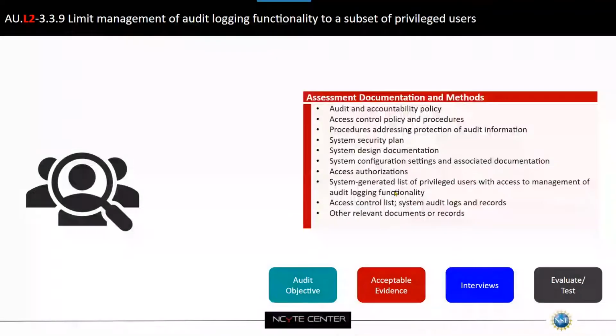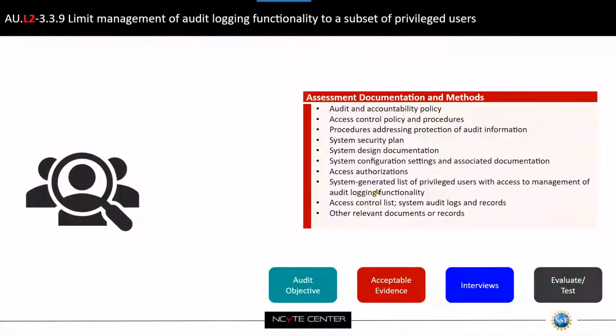Right. So what's our acceptable evidence? Again, almost everything here is important. But I think what we really want to look at are these two. We want to look at the access authorizations. We want to look at the generated list of privileged users that have access to this. And notice it's system generated.